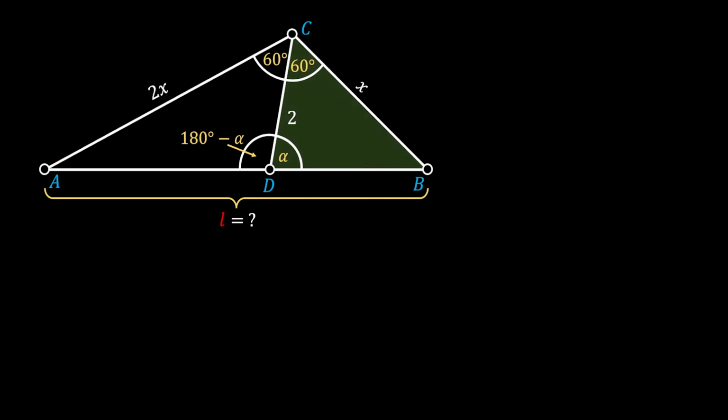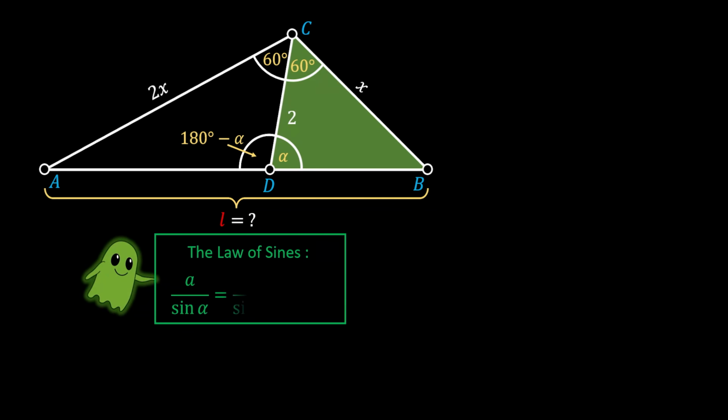Now, let's have a look at the triangle DBC, and let's use a little bit of trigonometry. To be precise, we will use the law of sines. If you don't remember this law, it applies to any triangle, and it states that in any triangle, the relation between the side and the sine of the opposite angle always remains the same.